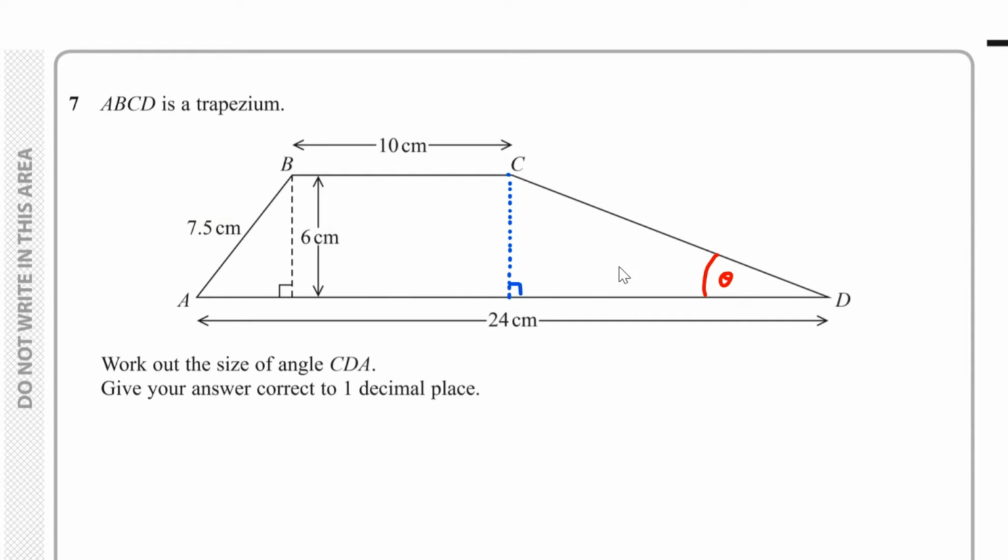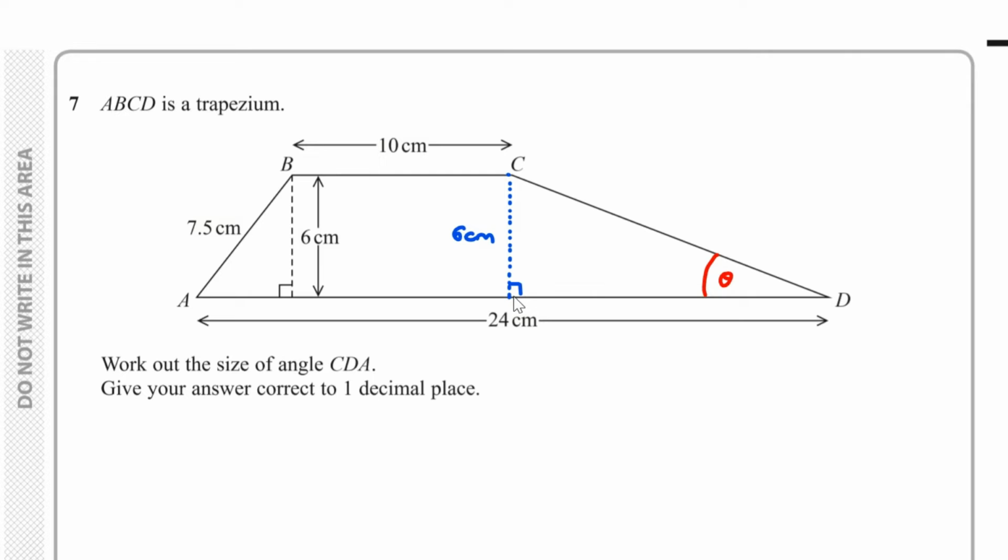If I know any two lengths, then I can find the angle theta using trigonometry. Now, of course, this length over here is equal to 6 centimeters. It's parallel and equal to this length here. So we have 6 centimeters here.